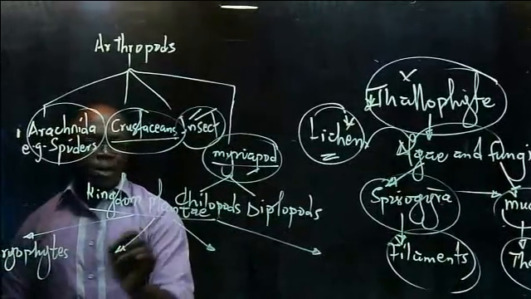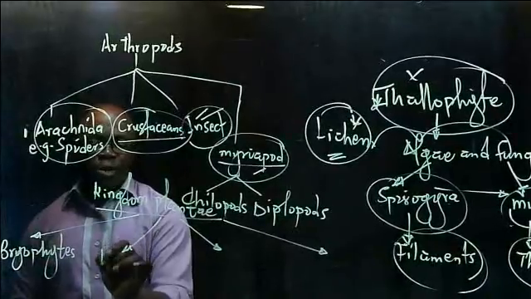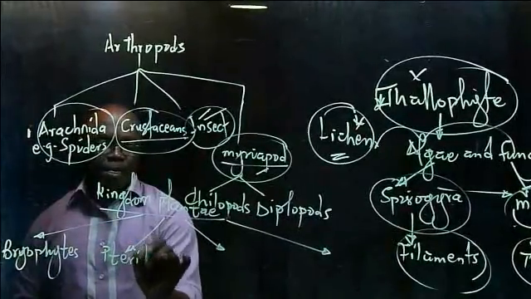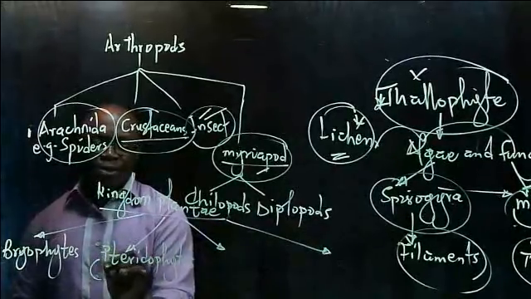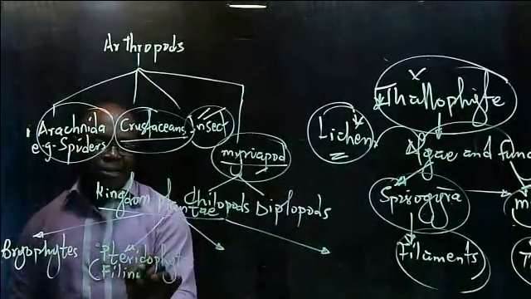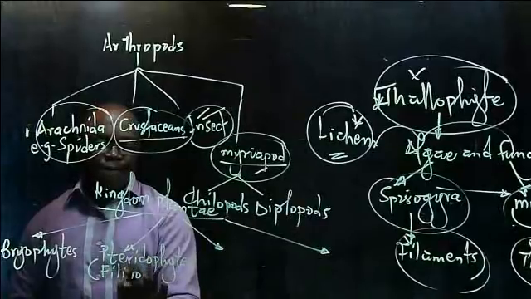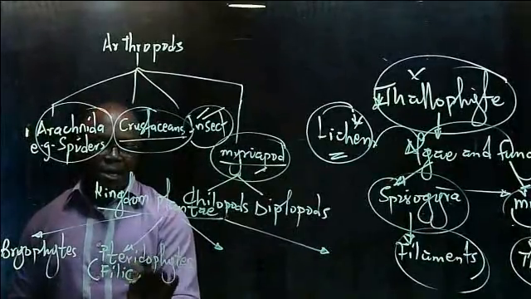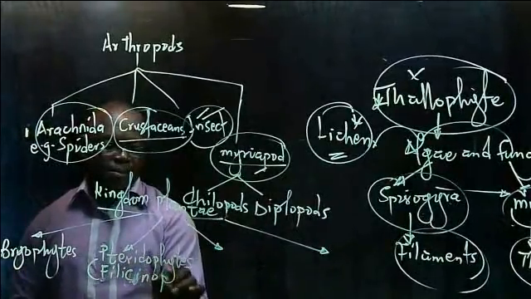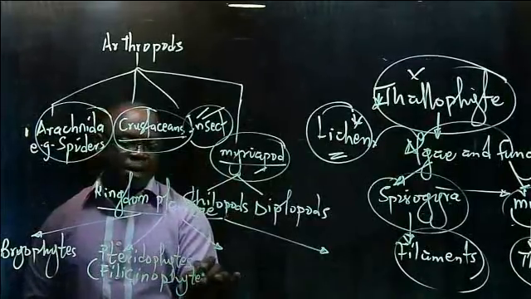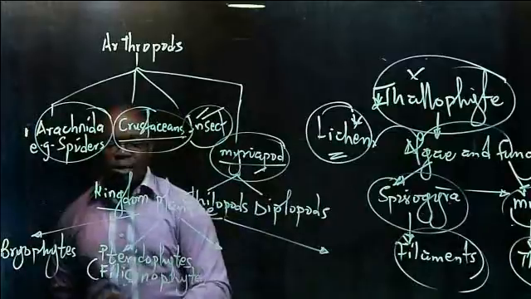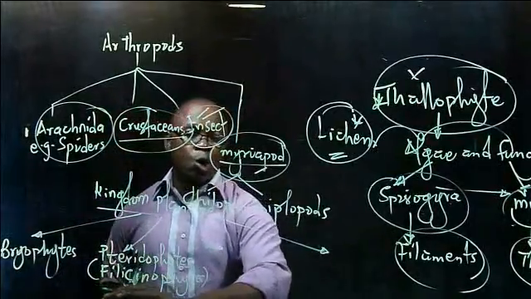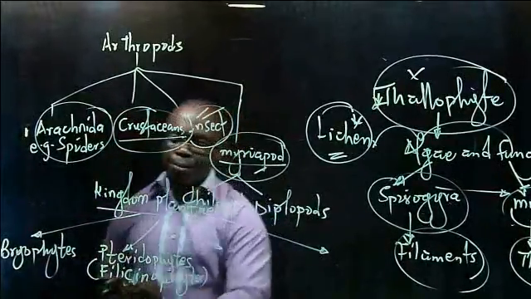The second group of plants, we call them the pteridophytes. If you don't want to call them pteridophytes, you can call them filicinophytes. The examples I gave here of a pteridophyte were ferns and the club mosses.